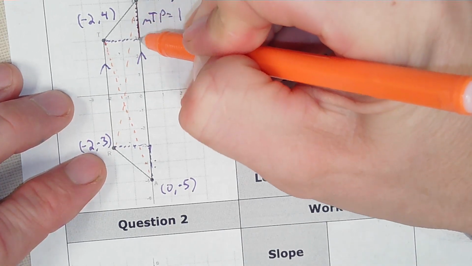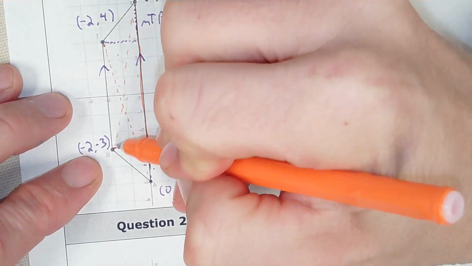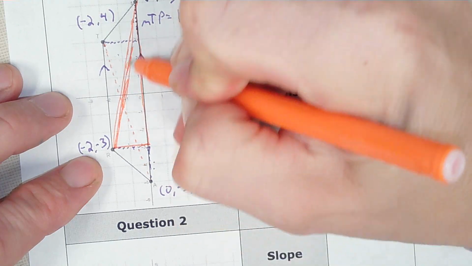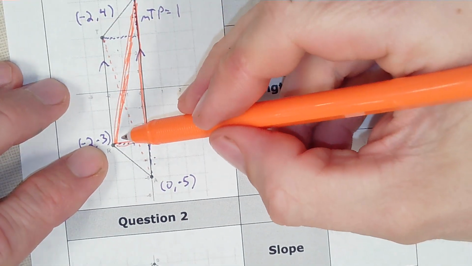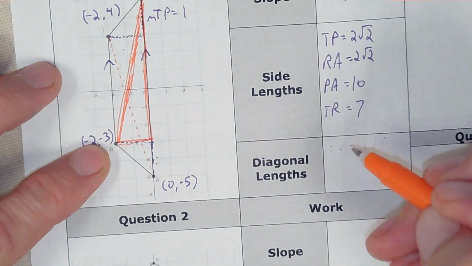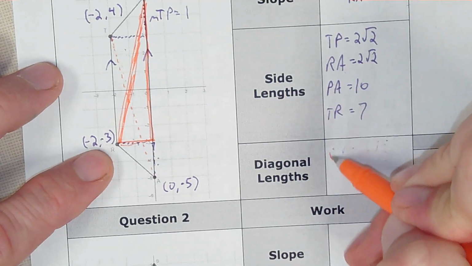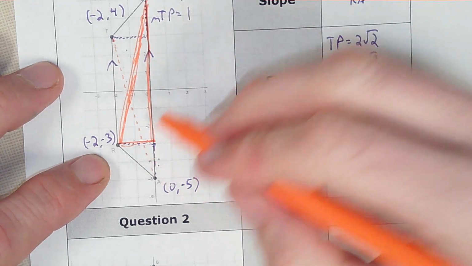So here's a triangle for my diagonal. And my change in x for my diagonal is 2 squared. So this is RP.